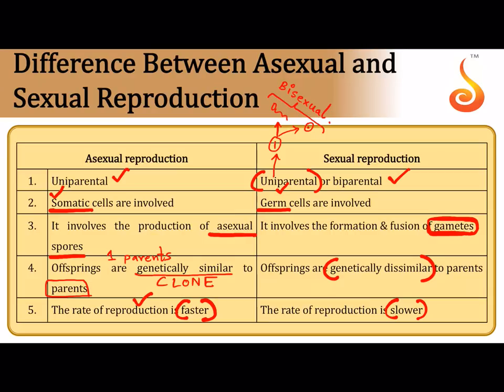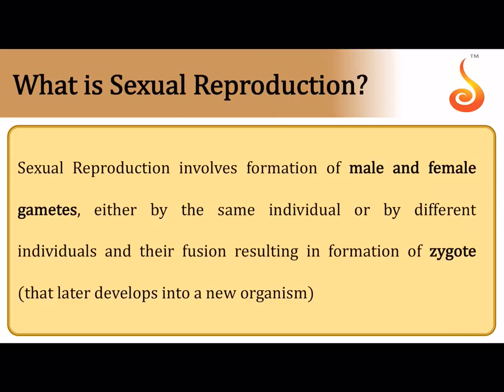So basically, when the conditions are tough, if it undergoes sexual reproduction, there is mixing of genetic material, favorable characters come together, and the organism becomes more capable of dealing with the challenges in the surrounding environment. So, sexual reproduction is slower, asexual reproduction is faster.